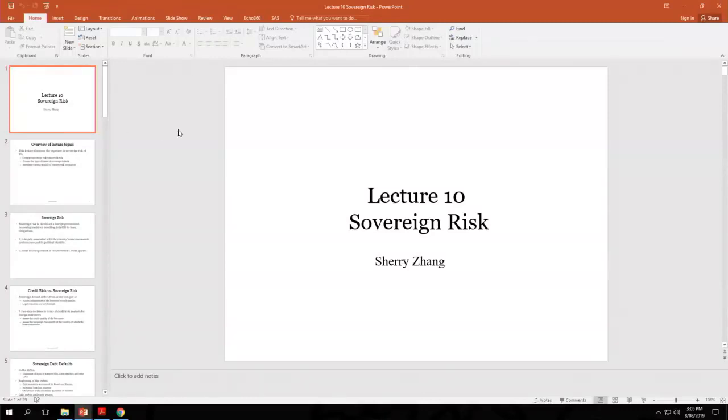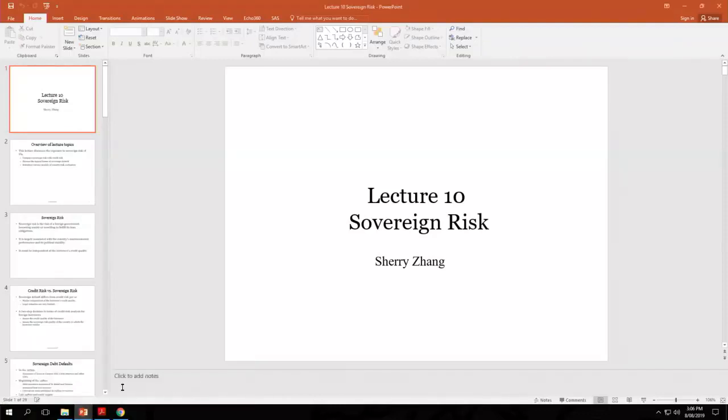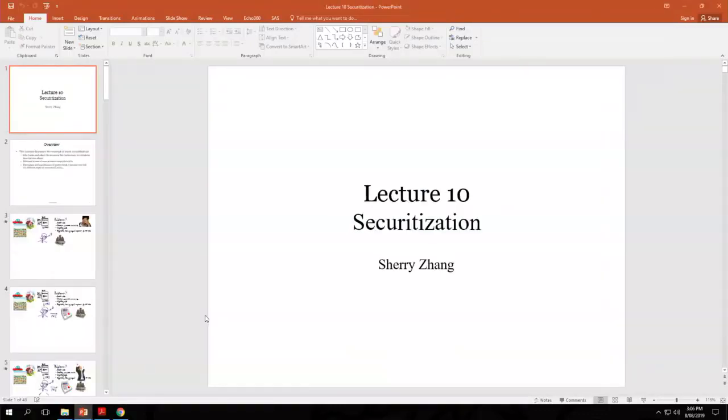So what we're going to do today is go through two topics. We're going to finish the last risk topic, sovereign risk, and then we're going to talk about securitization. My plan is to spend about half an hour on sovereign risk because there isn't too much to talk about for sovereign risk. Then we're going to spend most of the time on securitization.